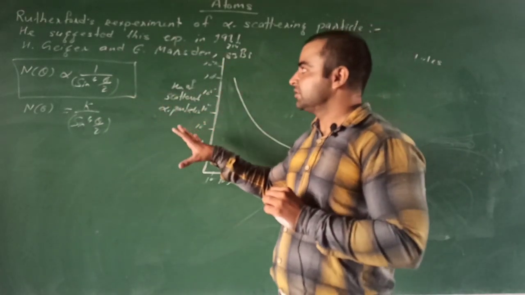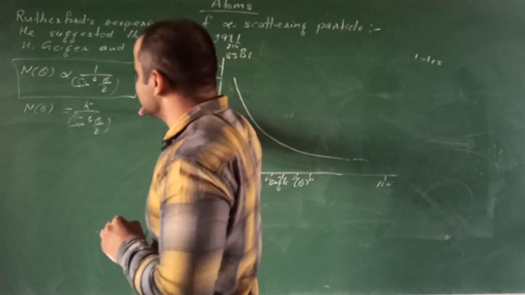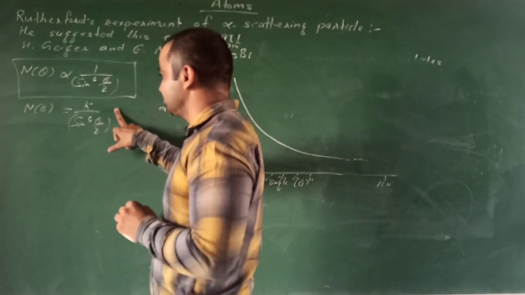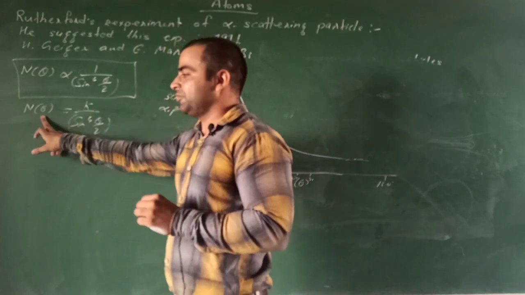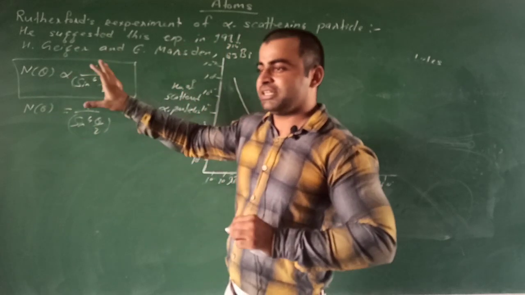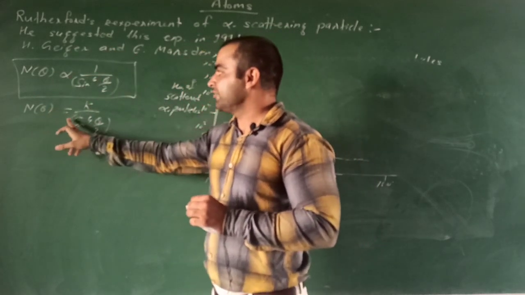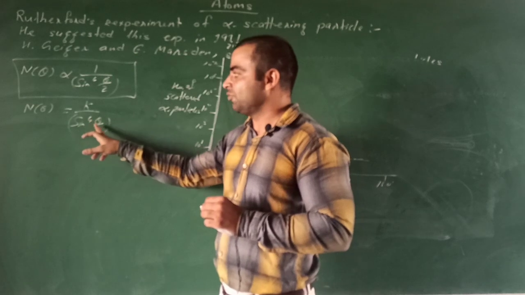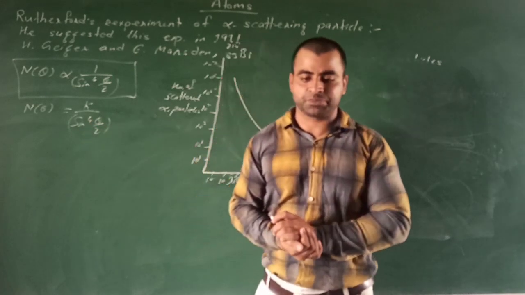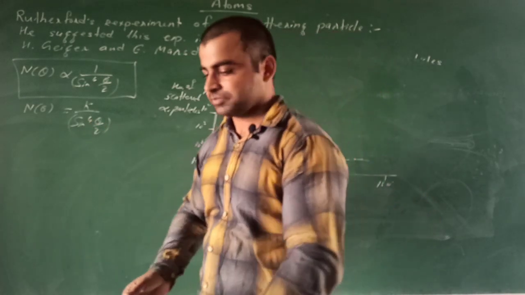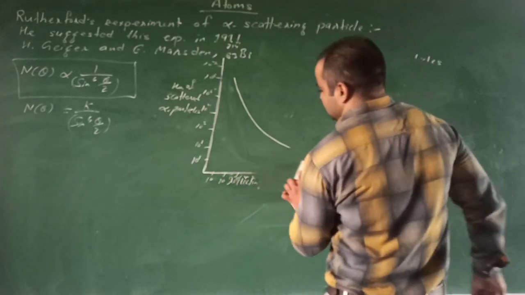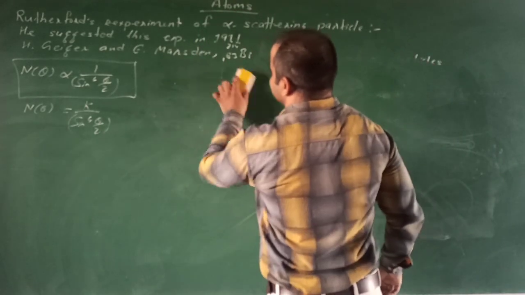Is it clear? The number of alpha particles scattered at any angle theta is given as k by sine raised to power 4 theta by 2, and we can solve any numerical problem by this formula.